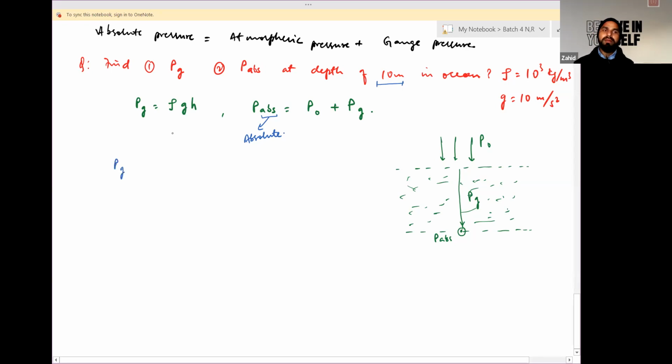P equals rho, the density of the liquid, that is water, so it will be 10 to the power 3. g is gravity, 10. h is the vertical column, that is 10. So it will be 10 to the power 5 Pascal as gauge pressure.